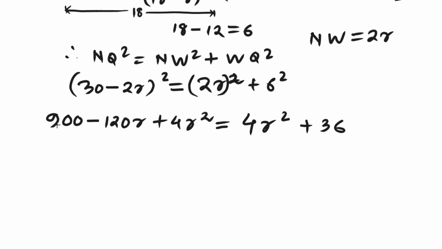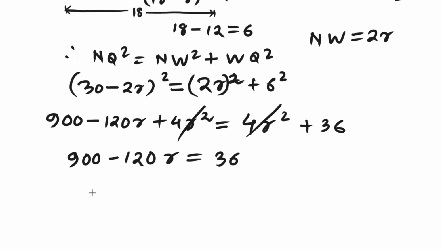So our equation becomes 900 minus 120R plus 4R squared equals 4R squared plus 36. Now pay close attention to this simplification. The 4R squared term appears on both sides of the equation, so we subtract 4R squared from each side and those terms cancel completely. That leaves us with 900 minus 120R equals 36.